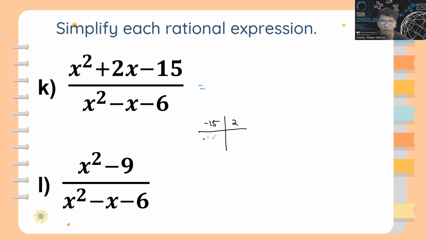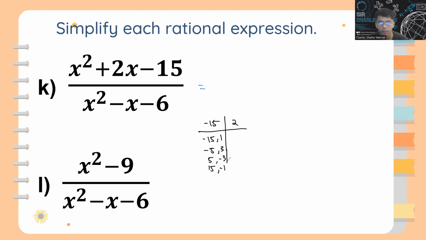Ano yun? We have negative 15 times 1, negative 5 times 3, positive 5 times negative 3, and positive 15 times negative 1.